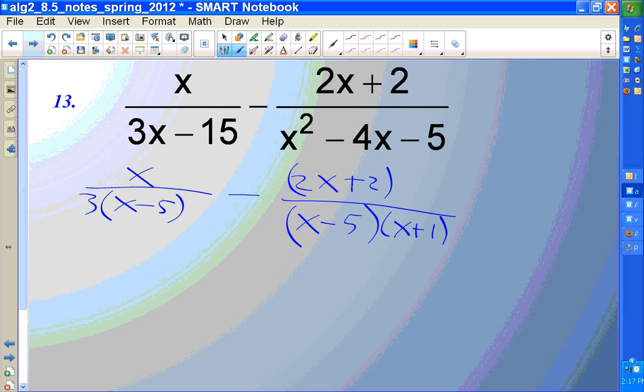Where are we in the top? In this case, it's worth factoring it out. Sometimes it is, sometimes it isn't. Why is it worth it here?